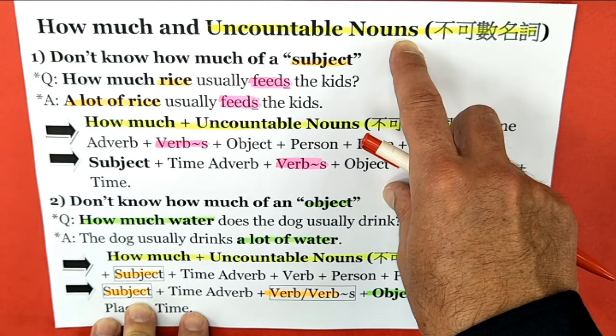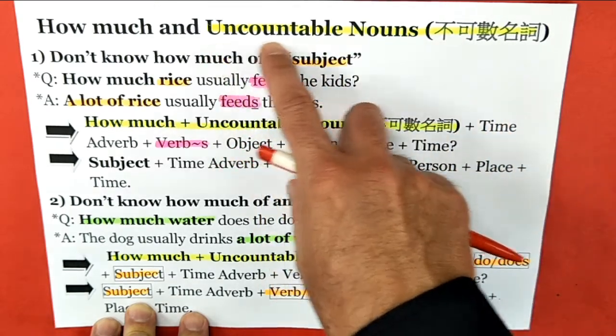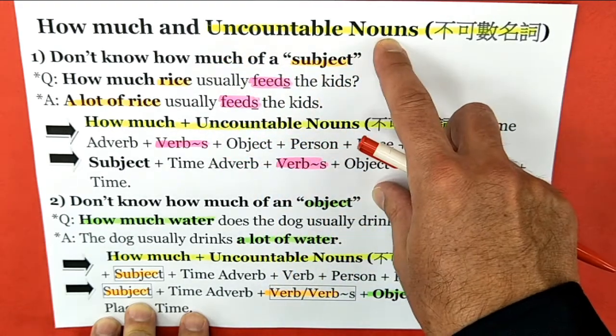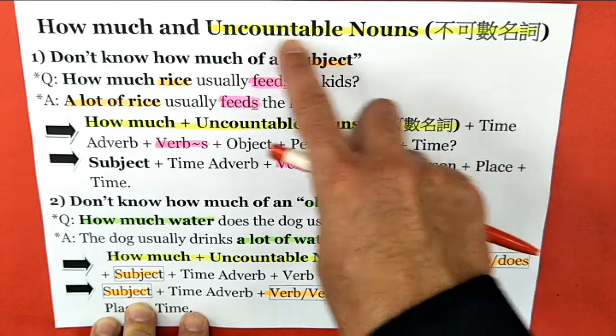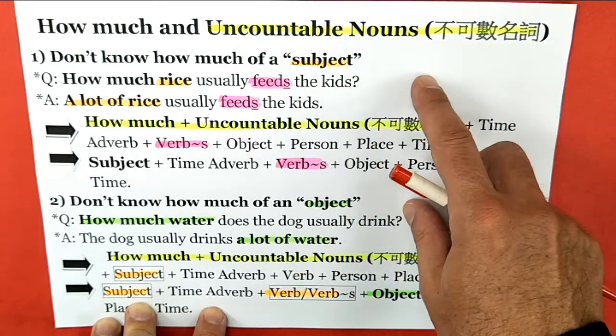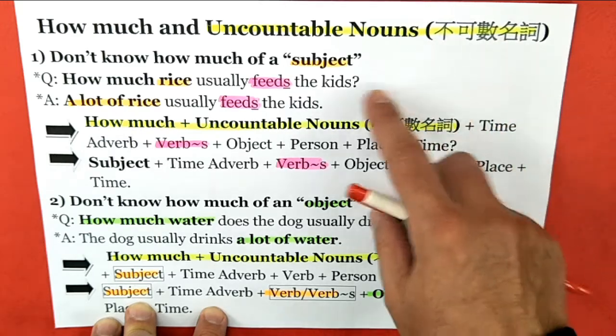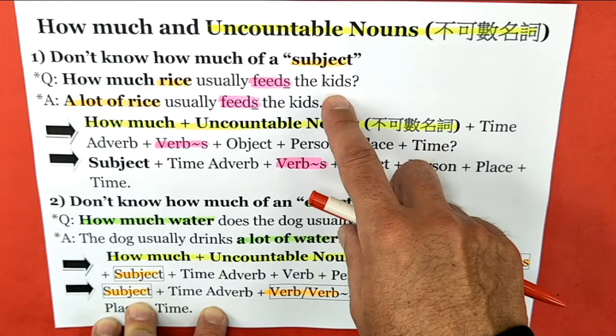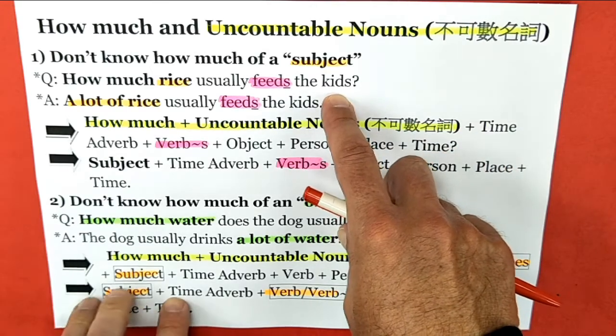Impossible. You can't do that. Water is an uncountable noun. We can't count it. It also means an uncountable noun means the noun is not plural. There is no S at the end. No S at the end. Also no number in the beginning.